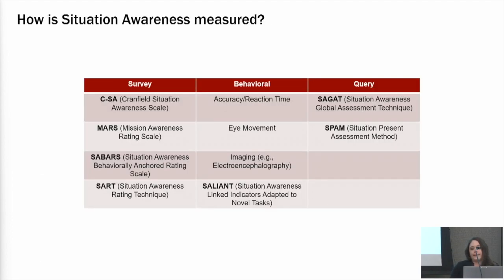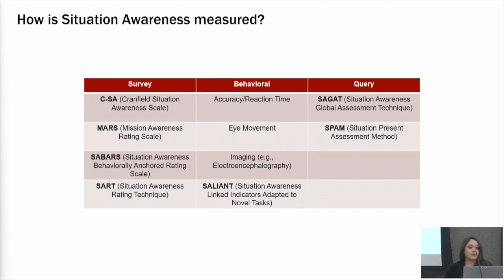So previous research on situation awareness: there are several pieces of research out there. There are methods for measuring situation awareness in a systematic way. These range from what we would call direct measures and indirect measures along a few dimensions. We have survey measures, which include things like scales and questionnaires.